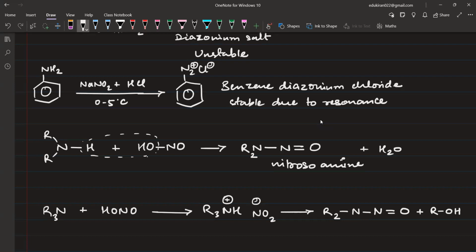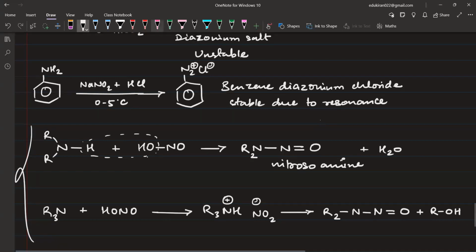Please write this down. These two reactions, by the way, are not there in the NCERT, and I have not seen any question asked in the CBSE also. They have just written that 2 degree and 3 degree amines react differently with nitrous acid. Since they have just mentioned it, that is why I have written it. You just need to warm it here. No need of heating or anything.